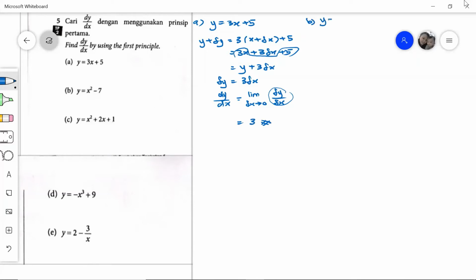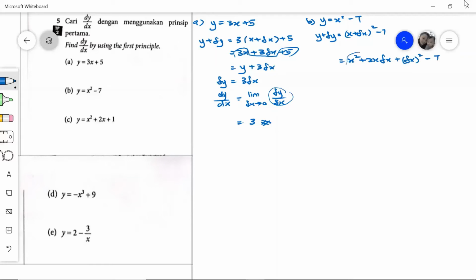We have y equals x squared minus 7, same thing. We find another coordinate that is very near to the original point, x, y. So y plus del y equals x plus del x squared minus 7. Next is to expand: x squared plus 2x del x plus del x squared minus 7.